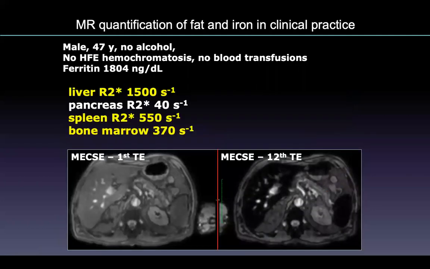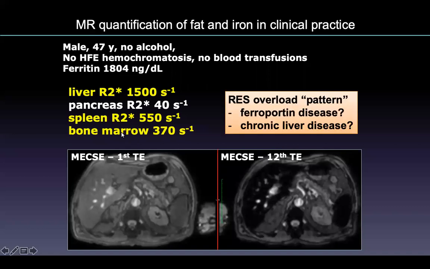So in this patient, hereditary hemochromatosis was excluded, and he has also no history of blood transfusions, and he is referred for hyperferritinemia. And look that we can measure R2 star in the liver, that is quite elevated, but is elevated also in the spleen and bone marrow, not in the pancreas.